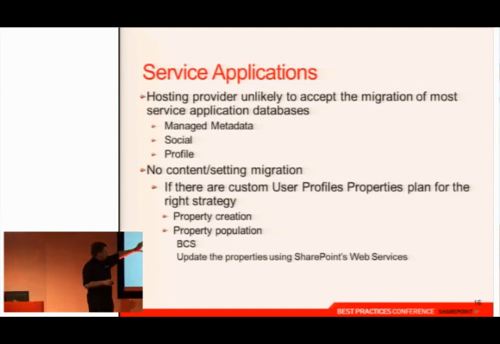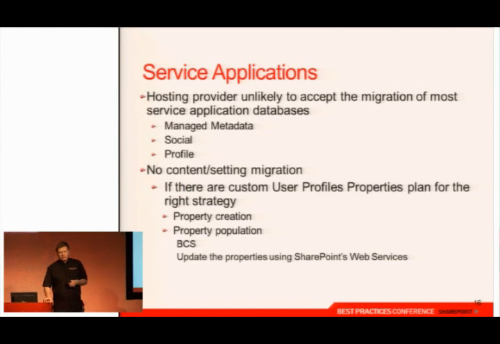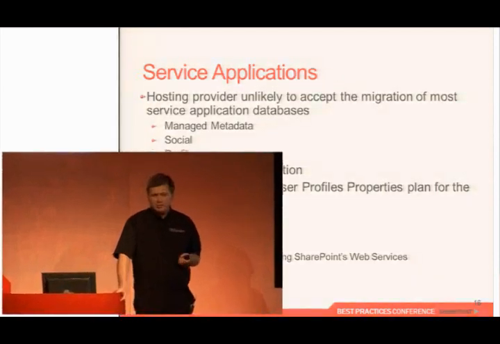Some things we won't do, and some providers won't do, is take your custom properties. For example, in the user profile service, there were issues early on with multi-line text fields. We can't know that up front. Your hosting provider cannot know about these things up front. You need to let them know.